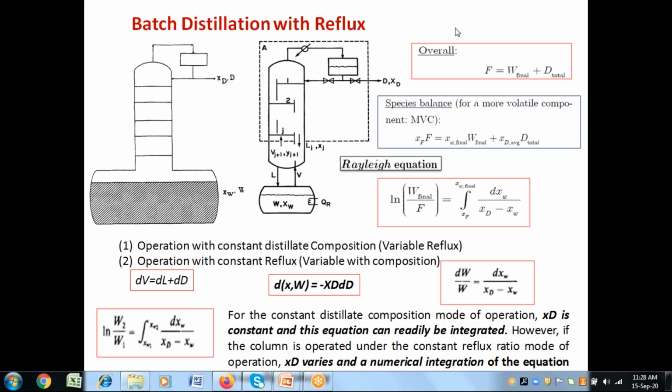Once the reaction is completed, we have to separate the products and byproducts.